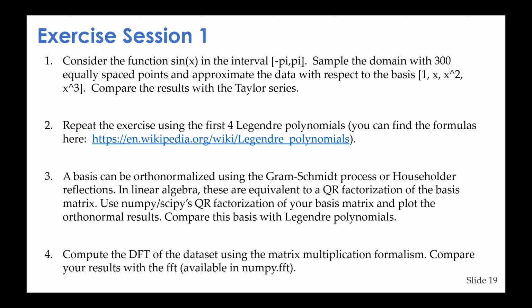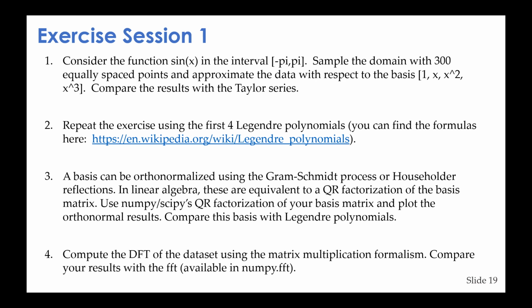Then I ask you to compute the encoding with respect to this basis. The basis will be 1, x, x squared, x cubed. So yes, I'm asking you to do a polynomial fit, but don't use polyfit. That is exercise 1.